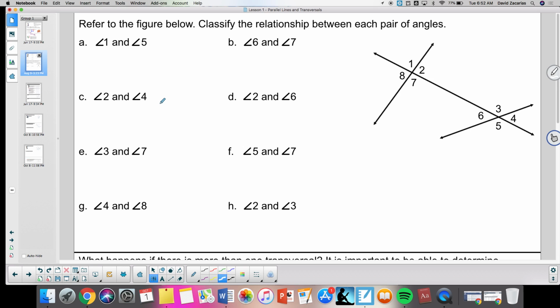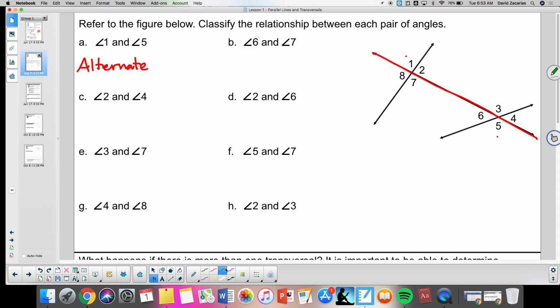It says classify the relationship between each pair of angles. So first we have 1 and 5. If here's our transversal right here, they're on alternate sides of the transversal. And notice that they're on the outside or the exterior.